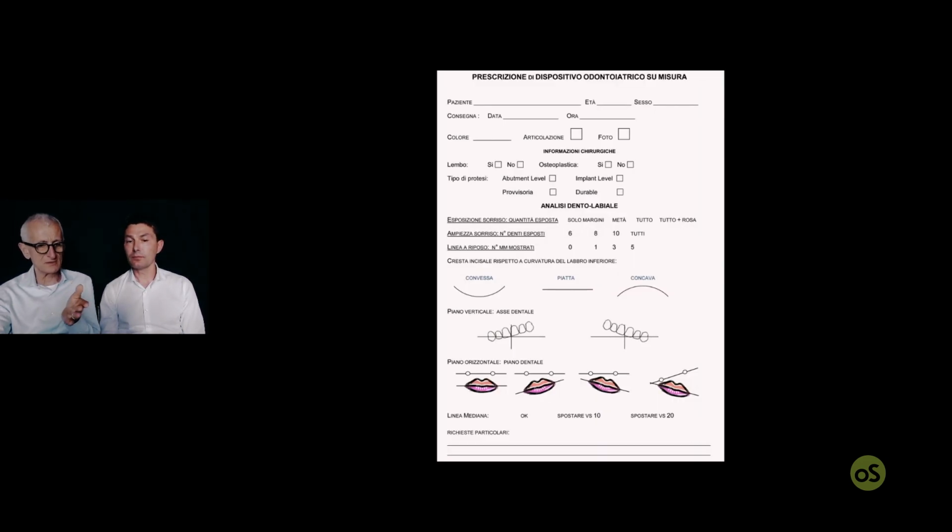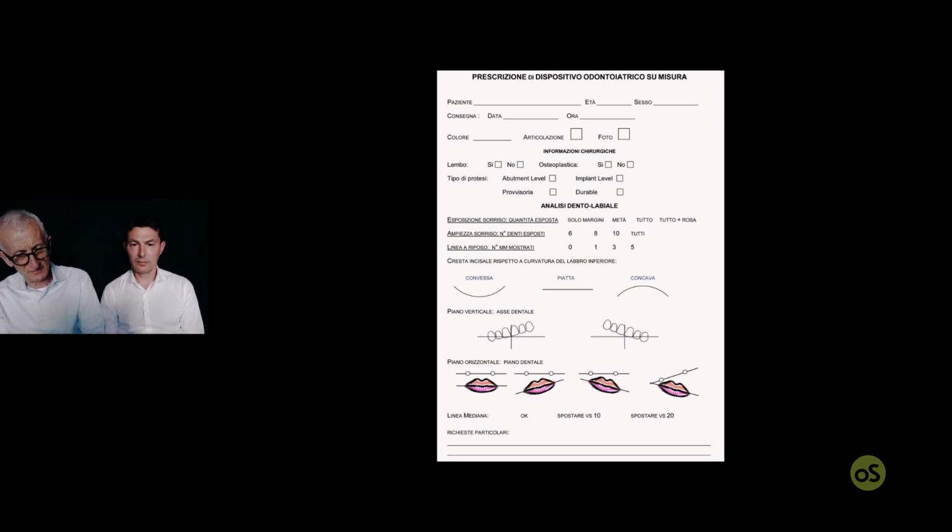So if you want to go back to this slide that unfortunately is in Italian, but this is what we normally use daily. So once again, what is the information that you need to know from the dentist?